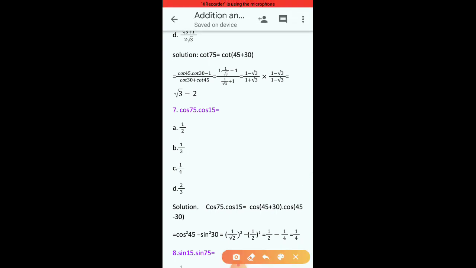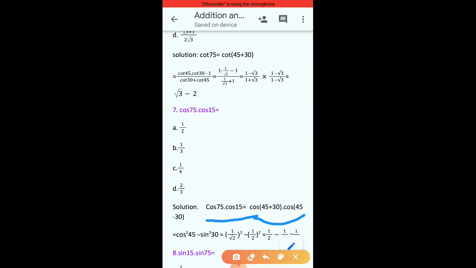Now cos 75 into cos 15 degree. We have to find cos 75 into cos 15 degree. So now we can write cos 75 as cos (45 plus 30), and cos 15 as cos (45 minus 30).